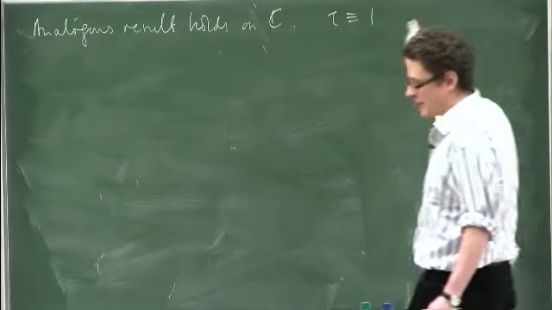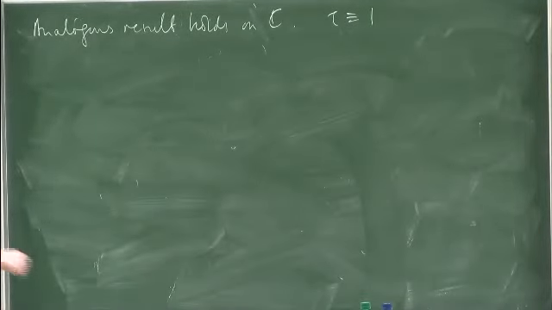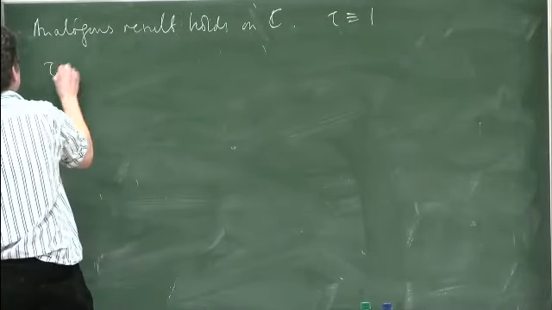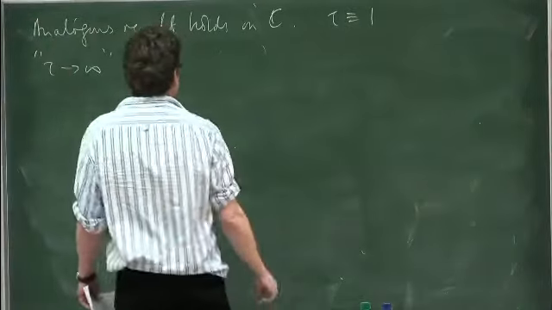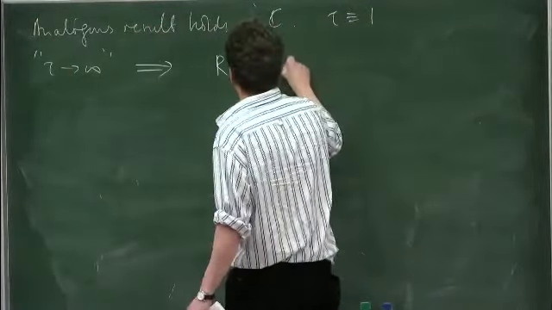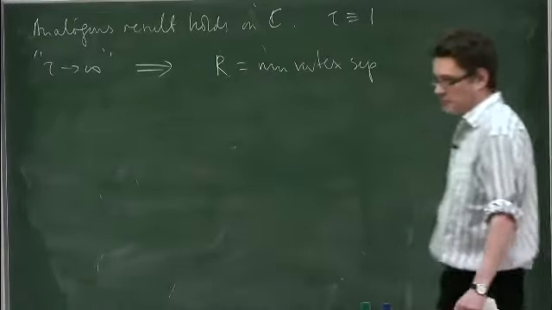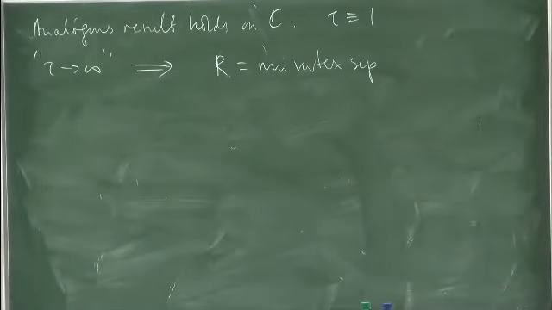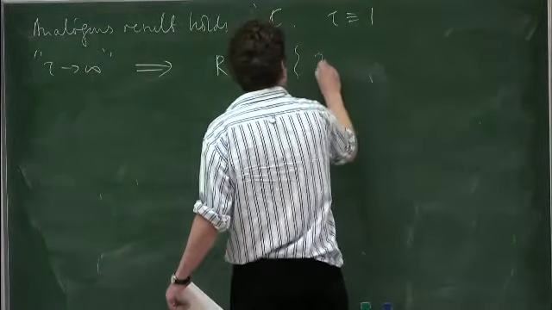So there is no limit tau goes to infinity. It doesn't really make sense. A better way to think of it: the analog of tau goes to infinity is that you define R to be the minimum vortex separation, the minimum of the distances between the zeros of the Higgs field.